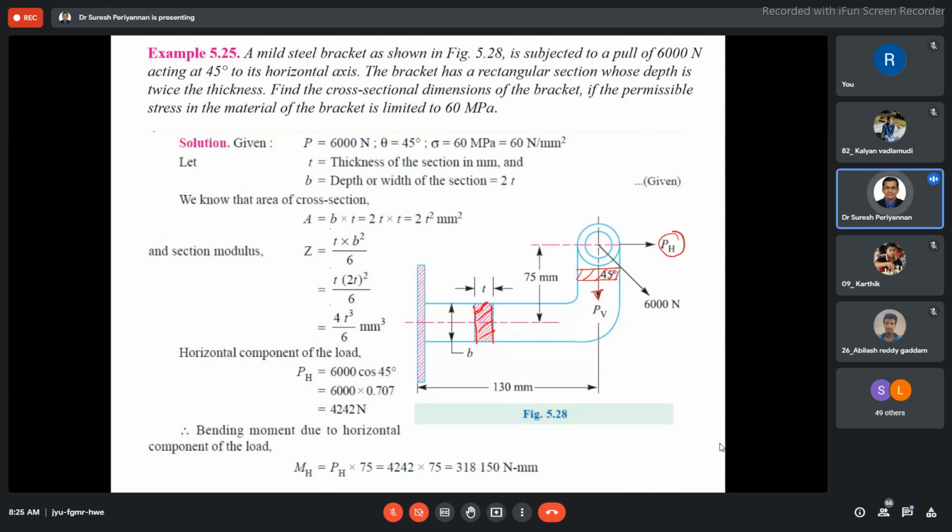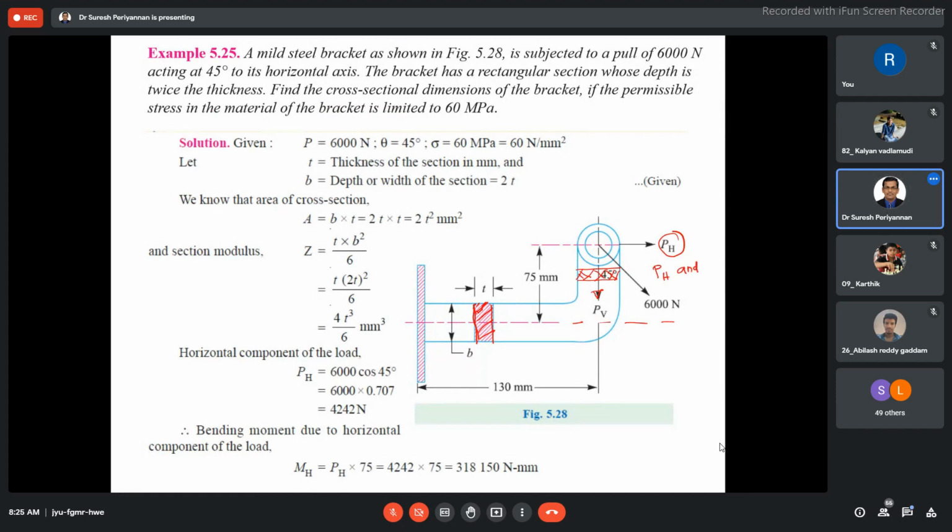But in this case, whatever you have been told is also a valid point, that the horizontal load may not be accommodated in this region of interest, because the horizontal load is offset from the main axis of the bracket. Are you clear now? But if you take this portion, then we have to consider both PH and PV.